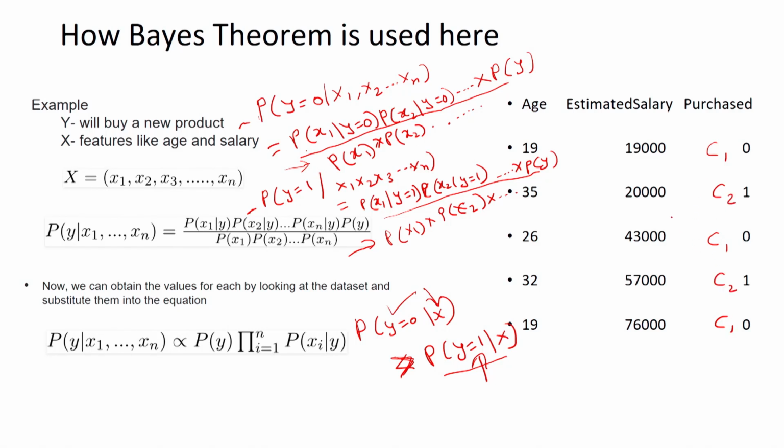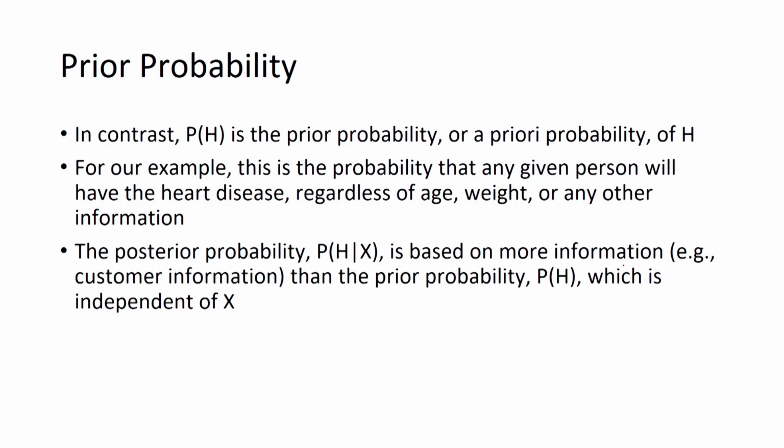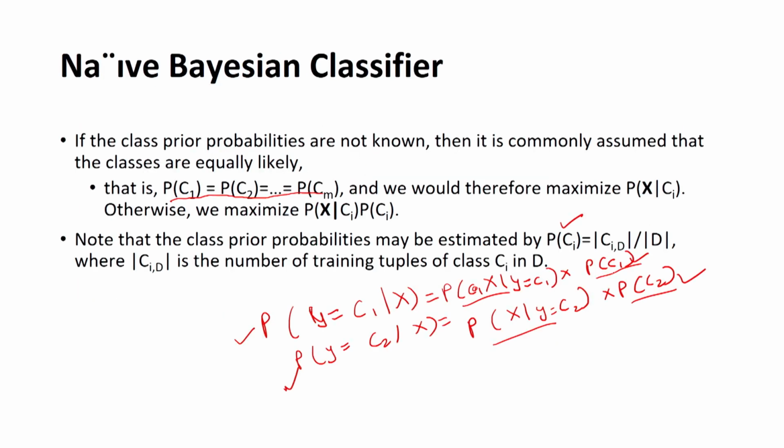These are the two classes. How will we calculate probability of C1 or probability of C2? There are a total of 5 instances, and out of these 5 instances there are 3 C1 instances. So, probability of C1 will be 3 by 5, and probability of C2 will be 2 by 5. From the given data set we can always calculate these probabilities of Ci.